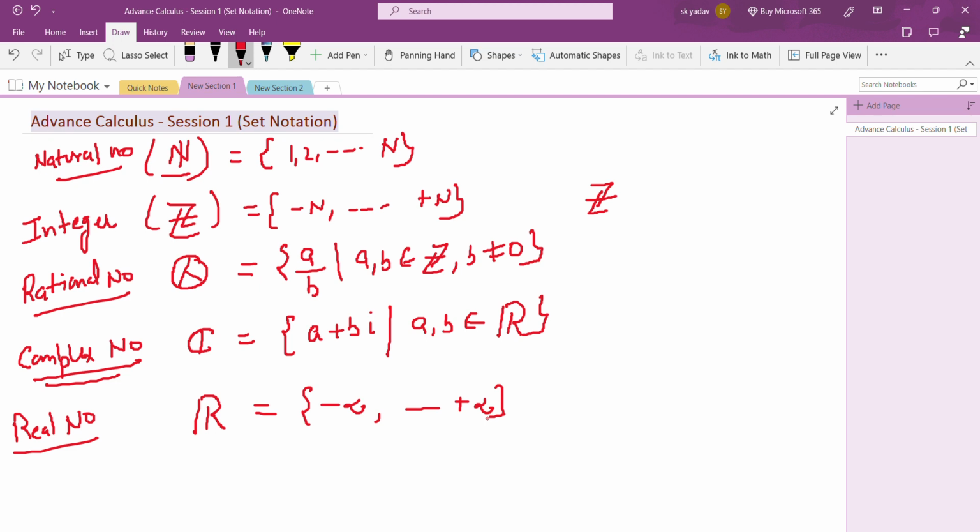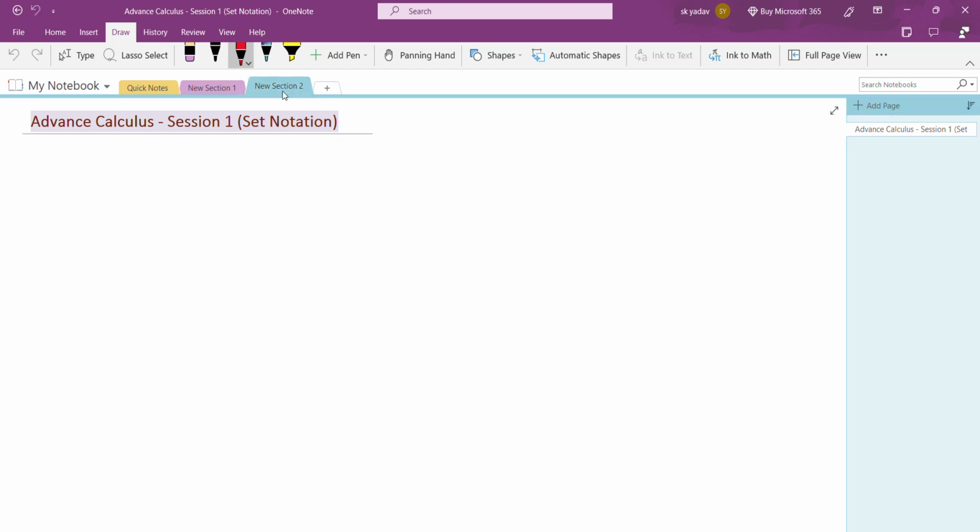These are some symbols that we are going to use in our quantum theory or quantum computation. If we don't know these symbols, it will be difficult to understand what exactly the statement wants to say. So we have to be a little aware of what these symbols represent. Now we will come to another part, some quantifiers.